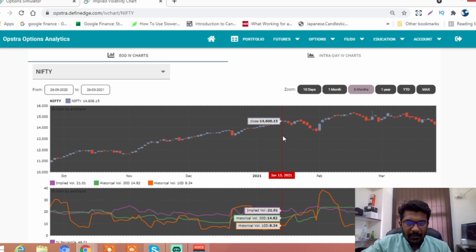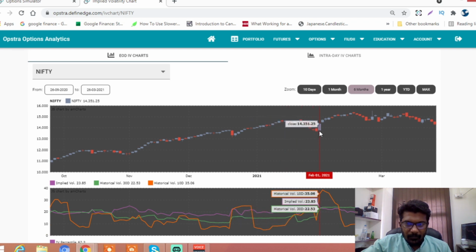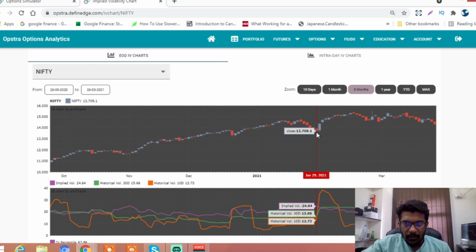So we have selected the February series for this trade, and we initiated this trade on the last days of the January series.